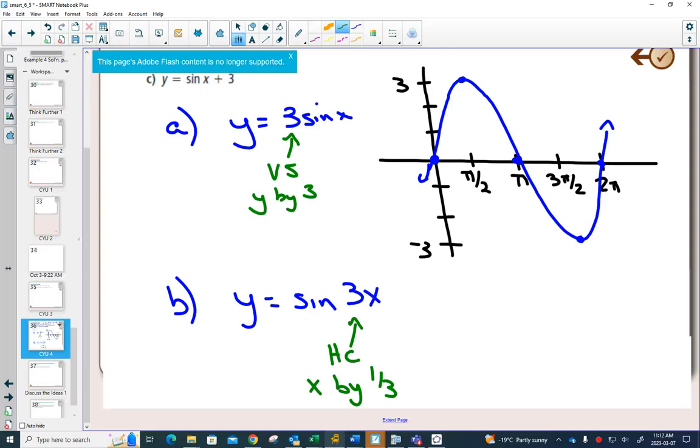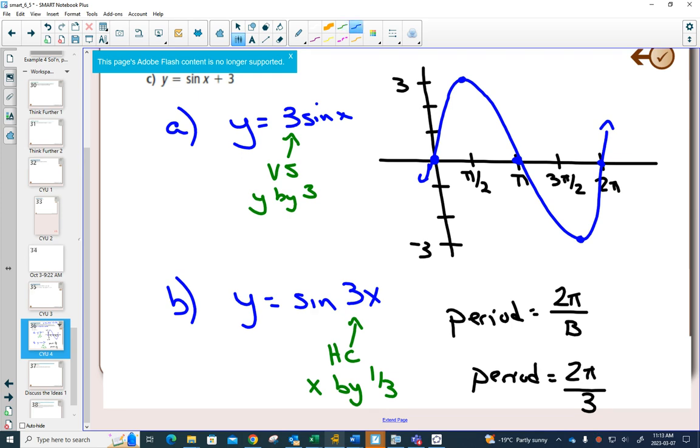Because if our period was from 0 to 2 pi, and now you've compressed it by 1/3, your new period is going to change. And we learned that there was a formula for sine and cosine that your period is always 2 pi over b. So in our situation, since our b value is 3, our period is going to be 2 pi over 3.